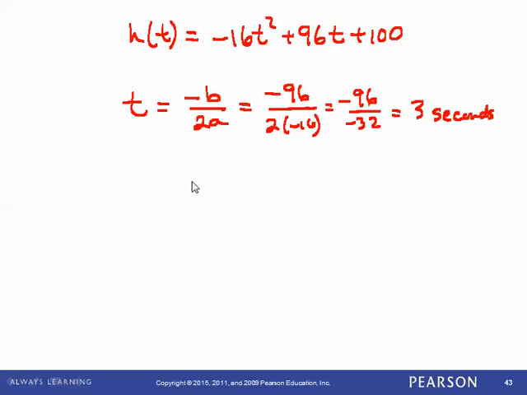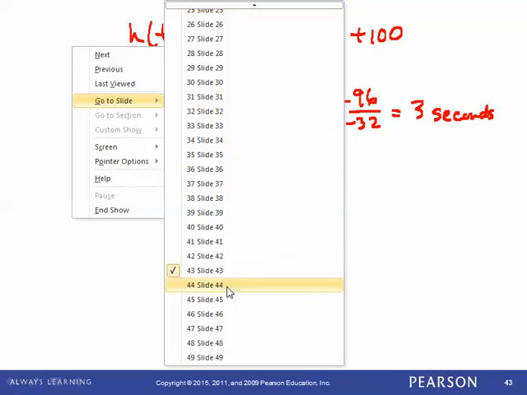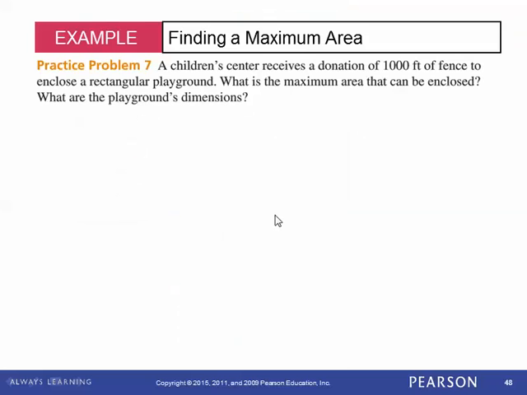Next one is the one that you'll probably find most likely in calculus. We've got one more problem to do, the last problem here. Finding a maximized area.